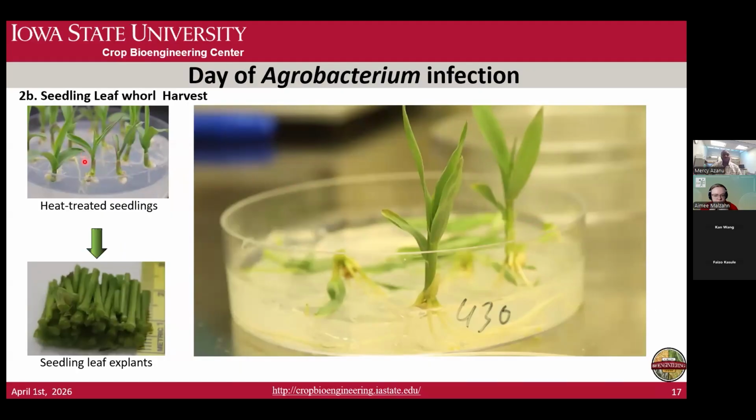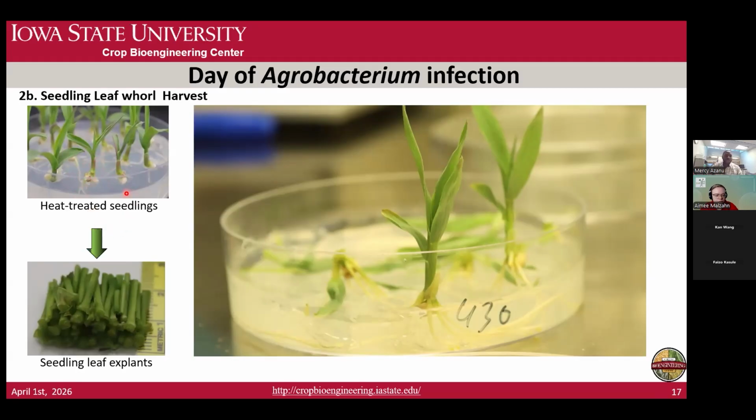On the laminar flow hood, it is advisable that you remove one petri dish at a time and keep the others in the plastic box, because you have removed them from the heat and you don't want to change conditions. Then you begin preparing your seedling leaf whorls. You begin harvesting, and how we harvest them is that we remove 2 or 3 outer leaves that are really old so that we can expose the young actively dividing leaf whorls.